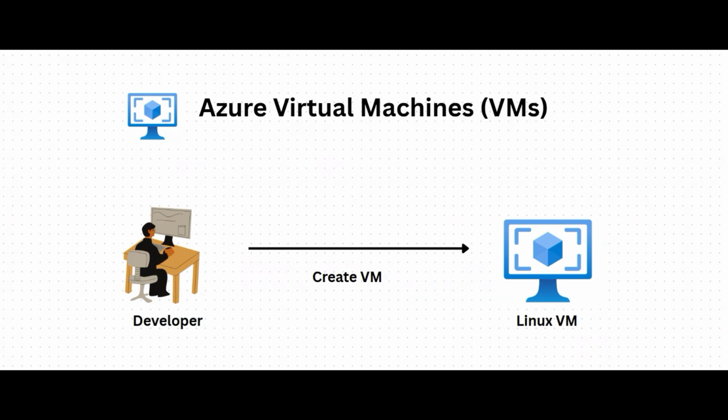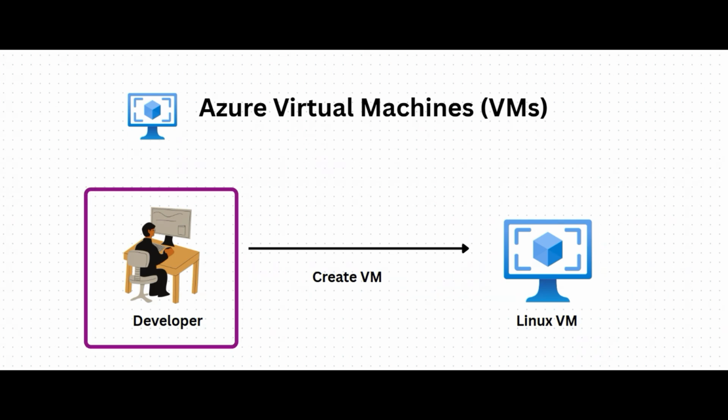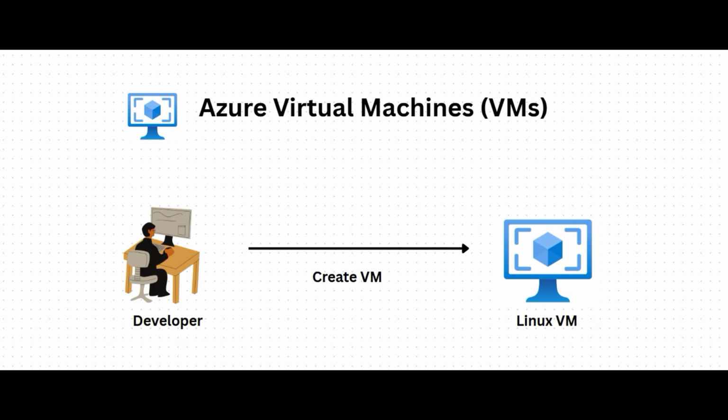Let's say a developer wants to test an application in a Linux environment, but only has a Windows laptop. No worries. You can simply go to Azure and create a Linux virtual machine, install a web server, host your applications, and access it from anywhere, all through your browser or remote access. That's the power of Azure virtual machines. Full control, flexibility, and accessibility.